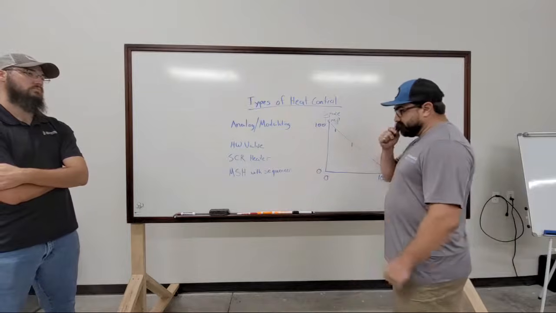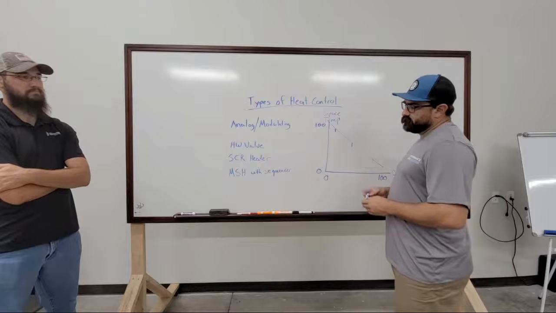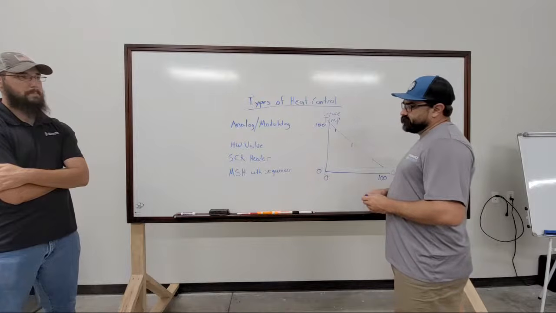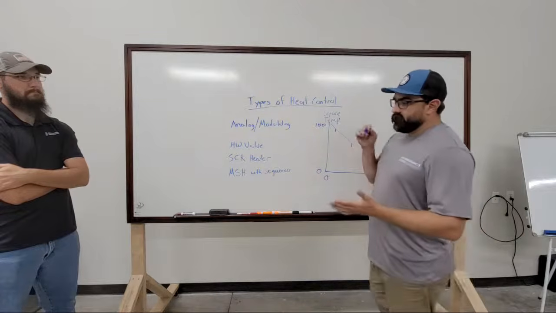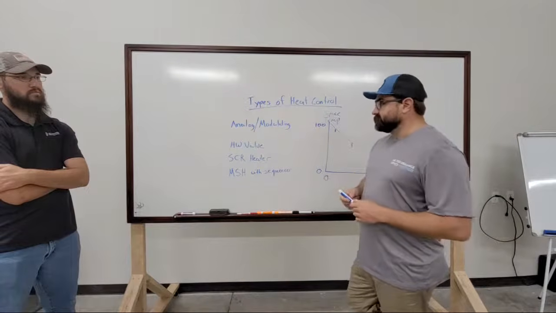We can have three basic types. So analog is going to be a varying signal. There are multiple types of signals.